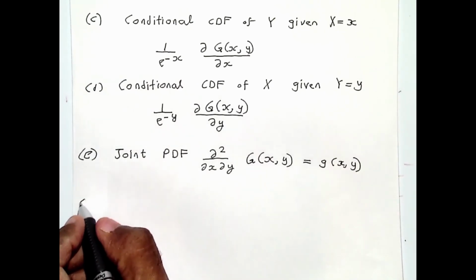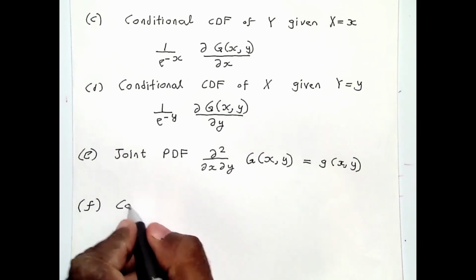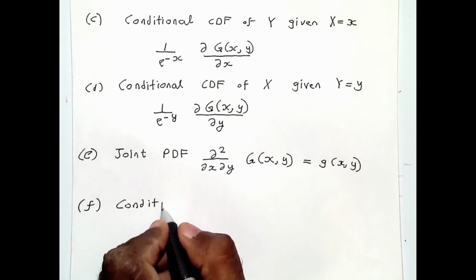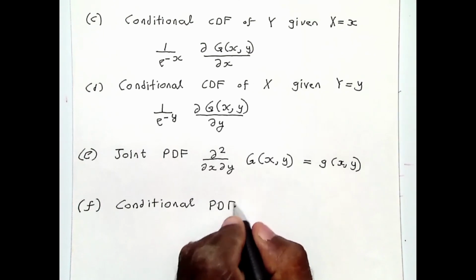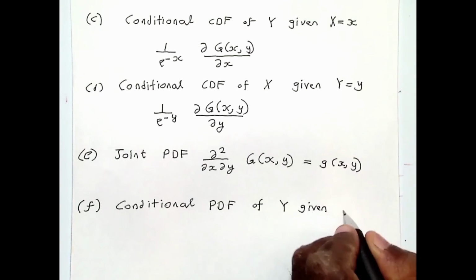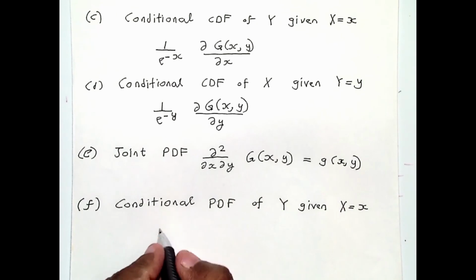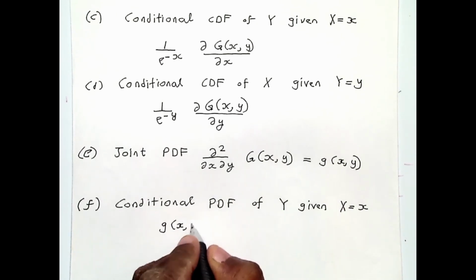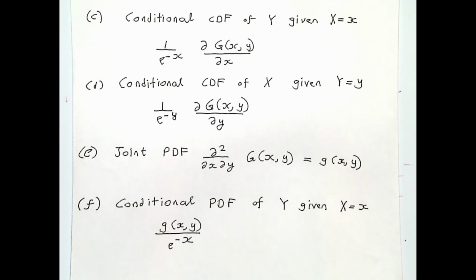And part F is to find the conditional PDF of y given x equal to x. For this you will simply use the formula g of x comma y divided by e. This is the formula for the conditional PDF of y given x.